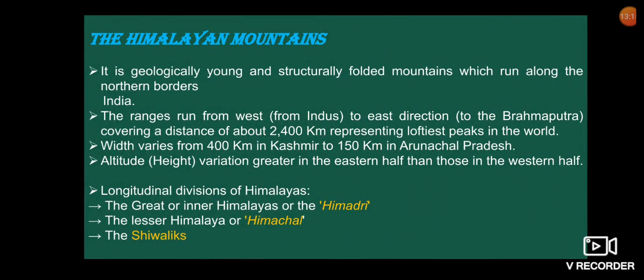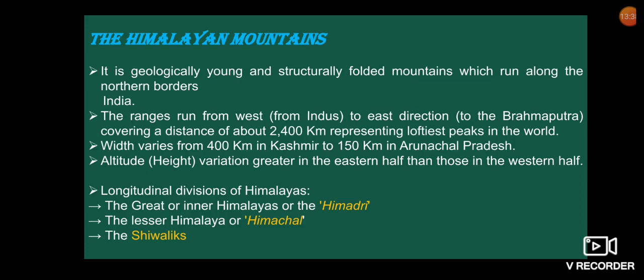Now let us describe these various physical divisions in detail. As the first one, the Himalayan mountains. The Himalayan mountains are geologically young and structurally folded mountains which run along the northern borders of India.